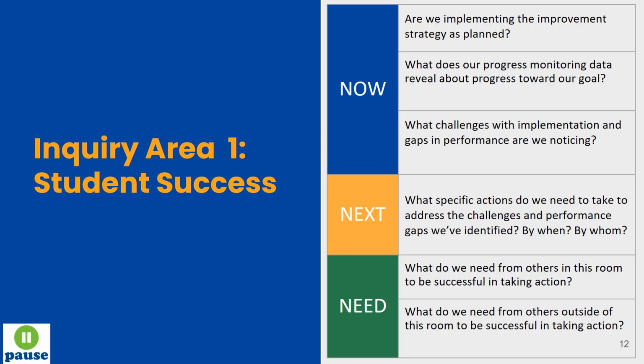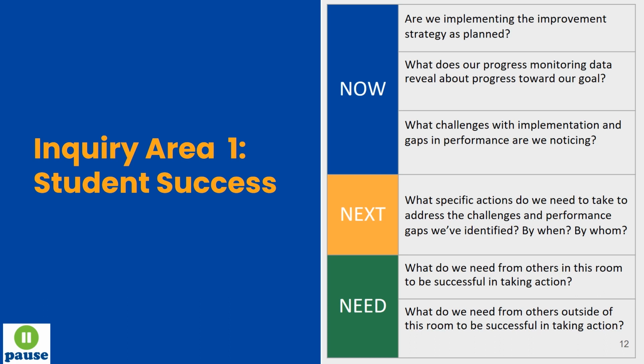As we transition to looking at our data and reflecting on our actions, we will ask the reader to read aloud the goal, improvement strategies, and intended outcomes for Inquiry Area 1, Student Success.